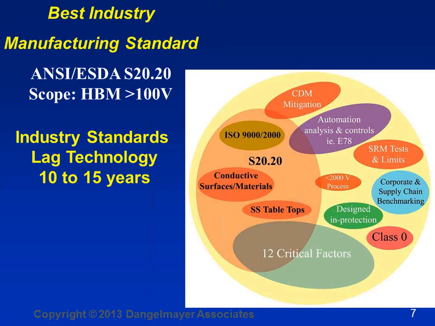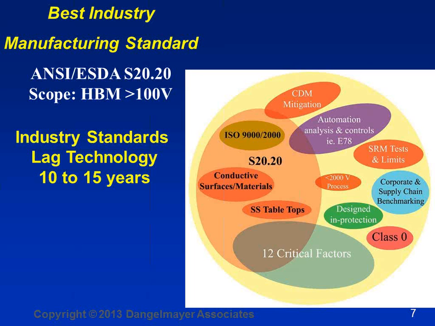One of the issues with 20.20 is that it is primarily an HBM document. The scope of it is limited to that, and protection for devices at or above 100 volts. Now, one of our attendees sent a question in prior to the webinar asking about this 100-volt number and the data that was used to support the decision.